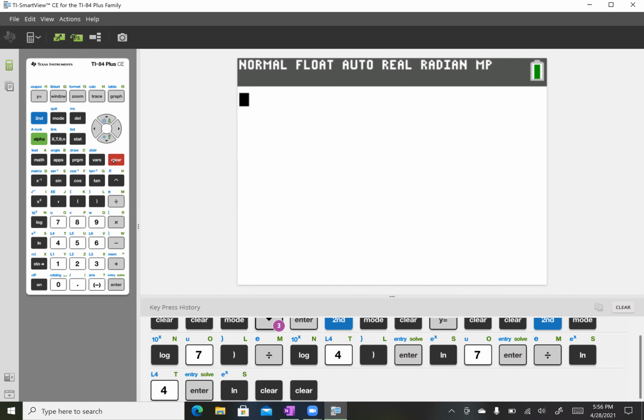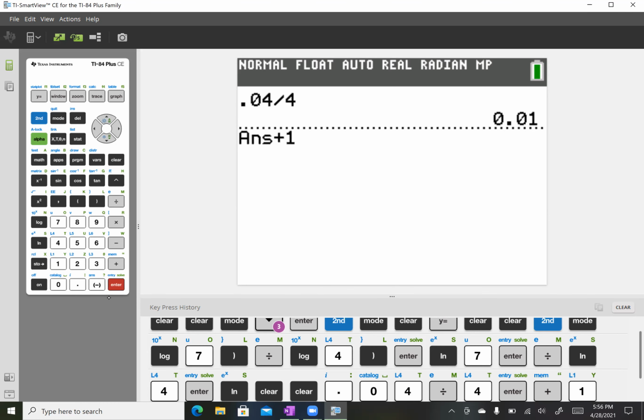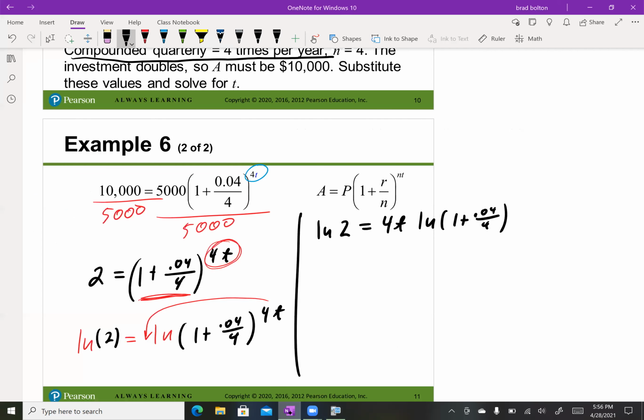Let's do this first: 0.04 divided by 4 plus 1. So we actually have 1.01. So we can do this. Natural log of 2 equals 4t times the natural log of 1.01, right? If I clean this up a little bit right here.